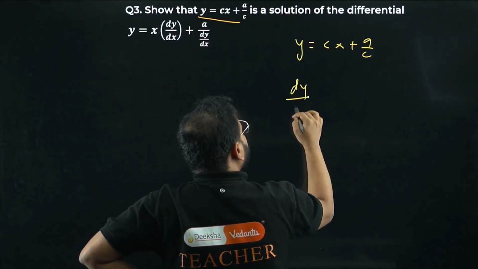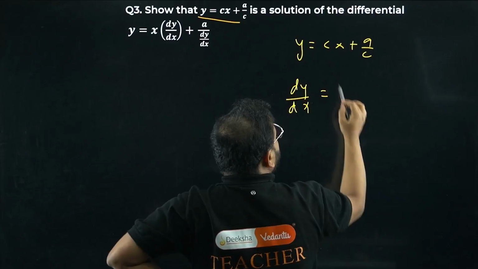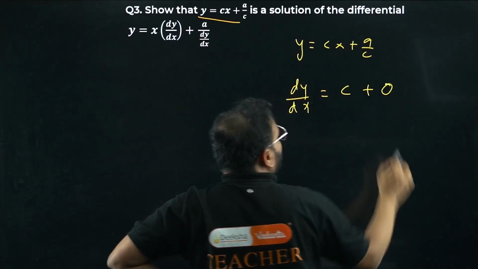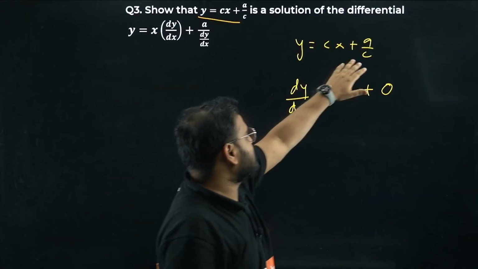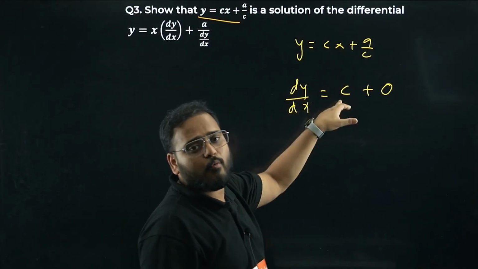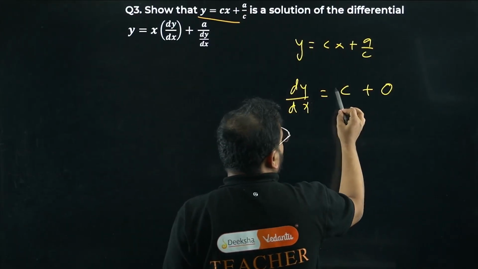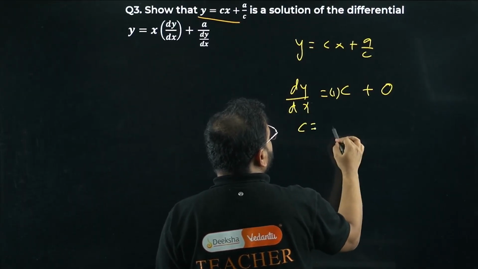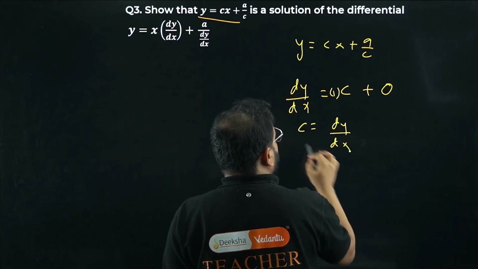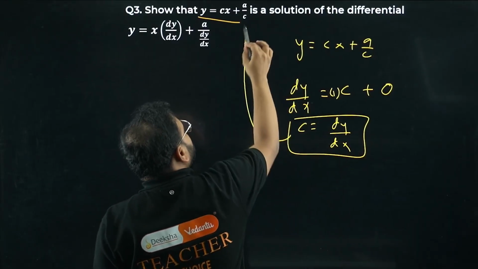We get dy by dx equals what? This will be c. This will be 0, since a by c is a constant. And this will become simply c because x will be 1. So what I'm getting is c equals dy by dx. Now if you substitute this back in the equation, we get the same result.